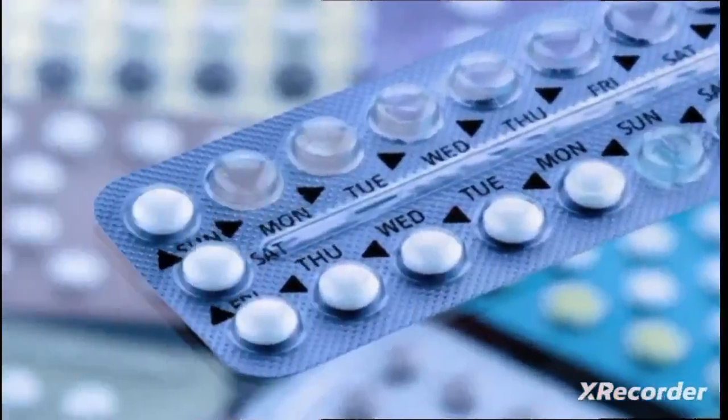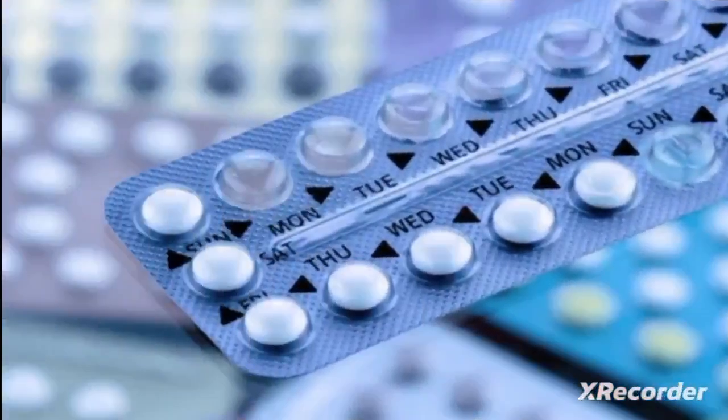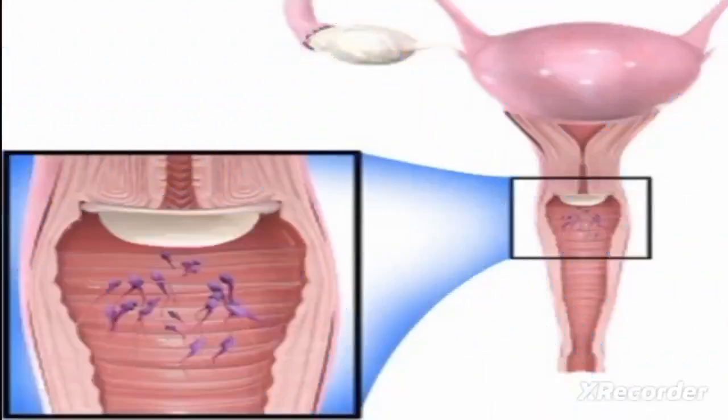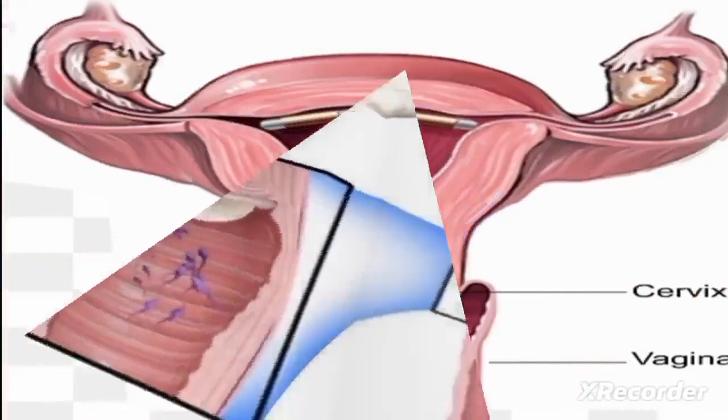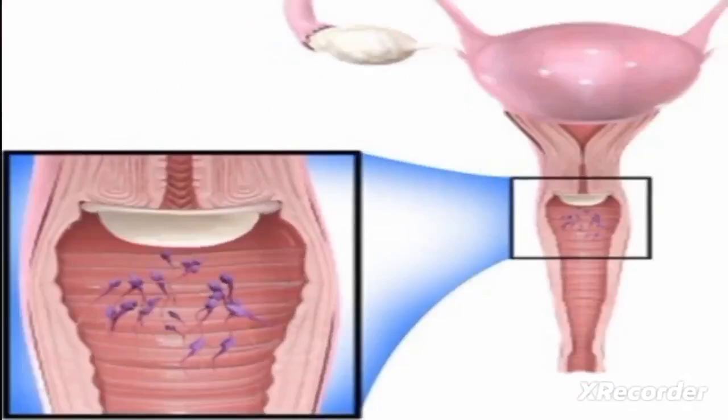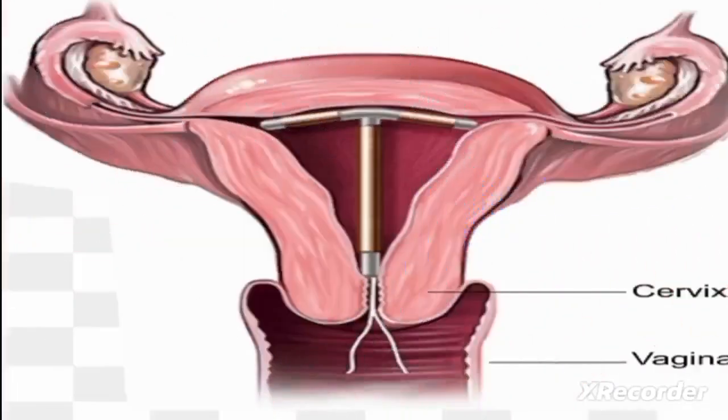By the way, the function of contraceptive pills is to disturb or interrupt the normal functioning of the hormones. Here it is showing the diaphragm. Here it is showing the intrauterine device.